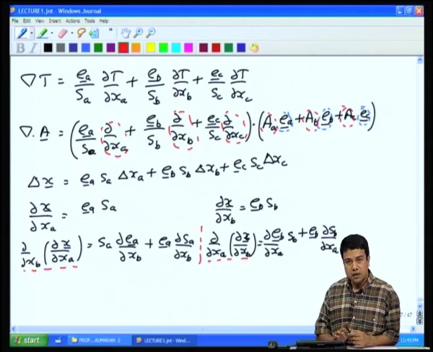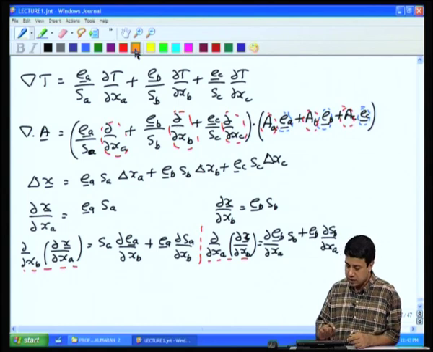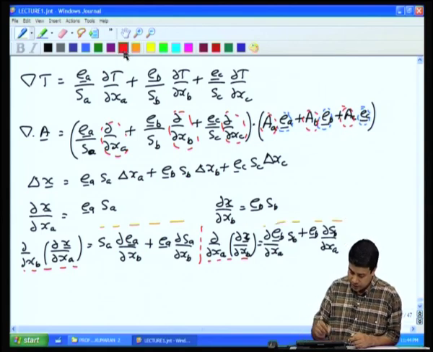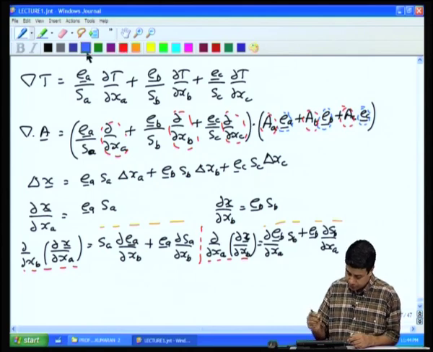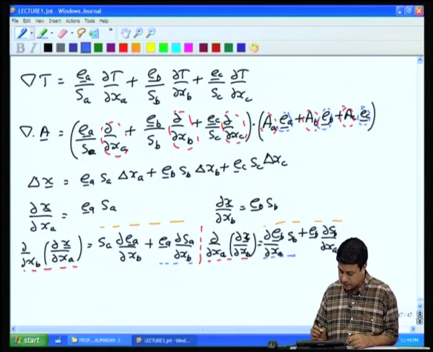Okay. The coordinate systems that we are considering are orthogonal. So, e_a and e_b are perpendicular to each other. Okay. We will restrict attention to orthogonal coordinate systems. Since e_a and e_b are perpendicular to each other, and these two vectors have to be the same, you require that the term proportional to e_a here has to be equal to this term, because obviously e_a is orthogonal to e_b.